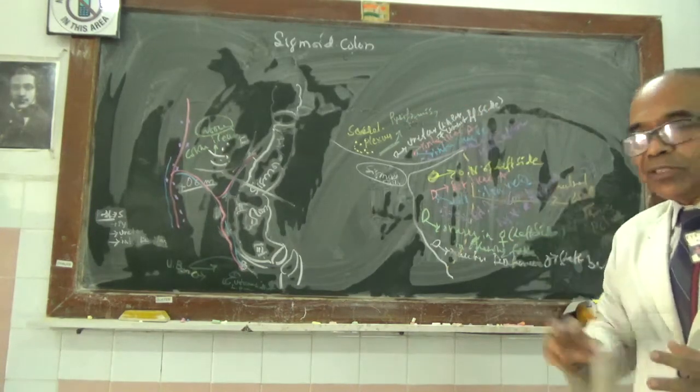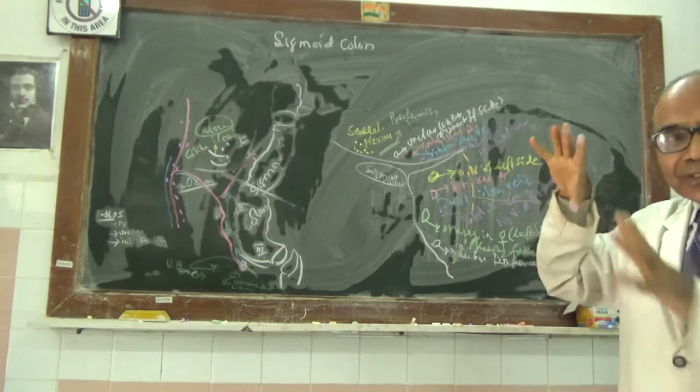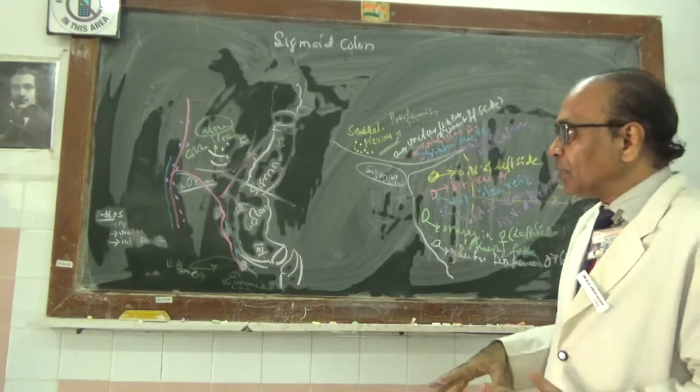Then it goes into the entire mesenteric group of lymph nodes and lymph vessels.